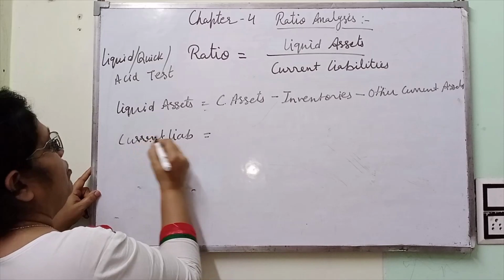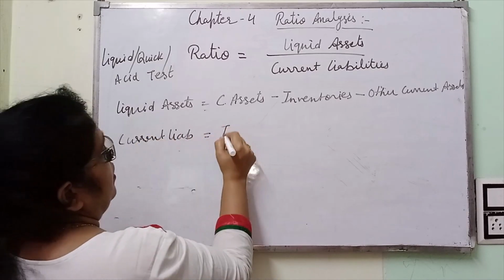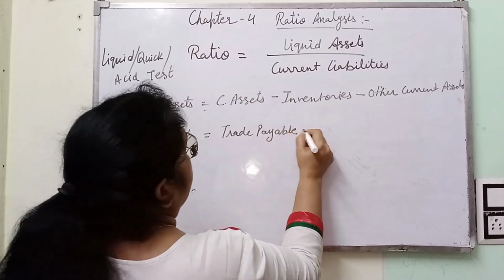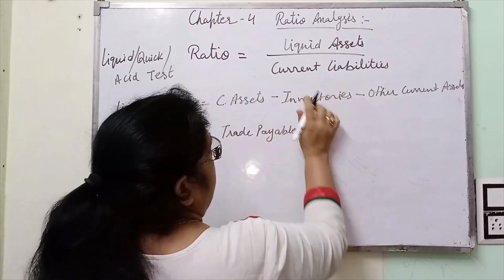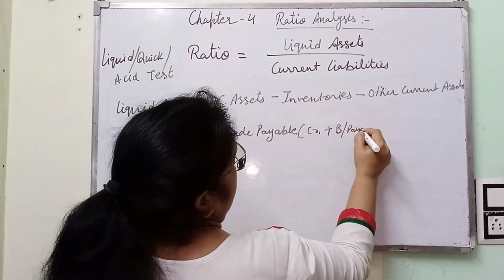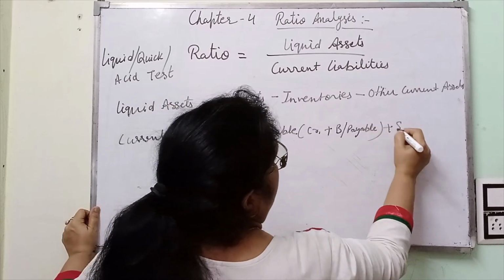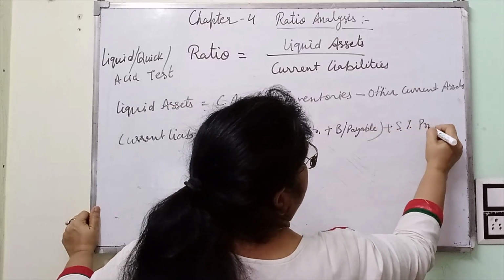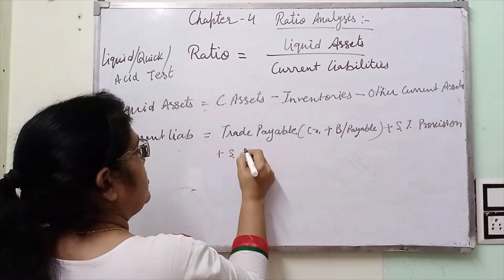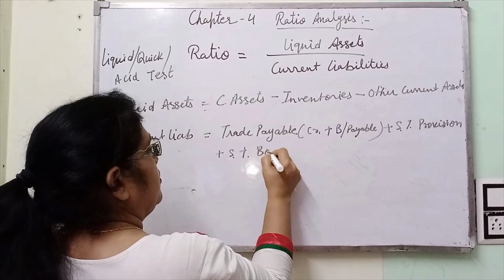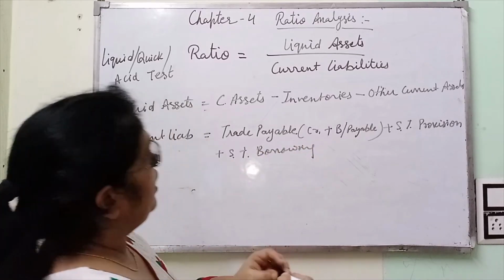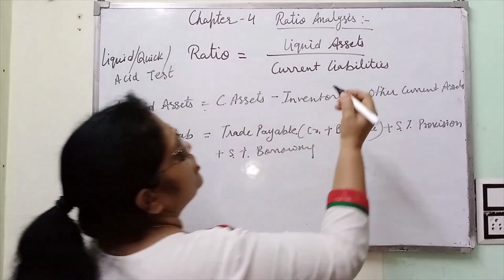Current liabilities will include trade payables, that is creditors, and bills payable, short-term provisions, short-term borrowings. Clear? So we have discussed that the ideal liquid ratio is 1:1.